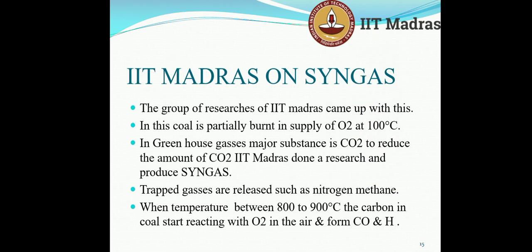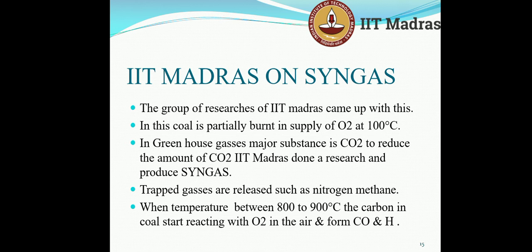IIT Madras on syngas. A group of researchers of IIT Madras came up with this. In this, coal is partially burned in a supply of CO2 at 100 degrees centigrade. In greenhouse gases, the major substance is CO2. To reduce the amount of CO2, IIT Madras did research and produced syngas.